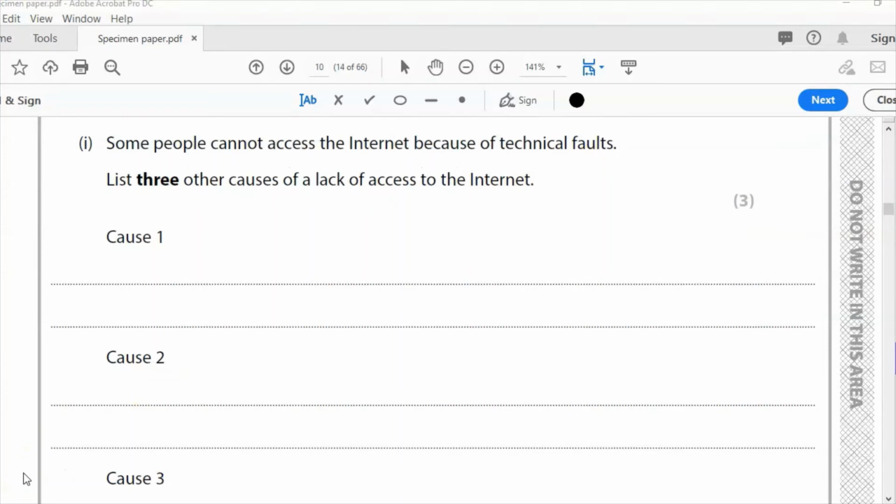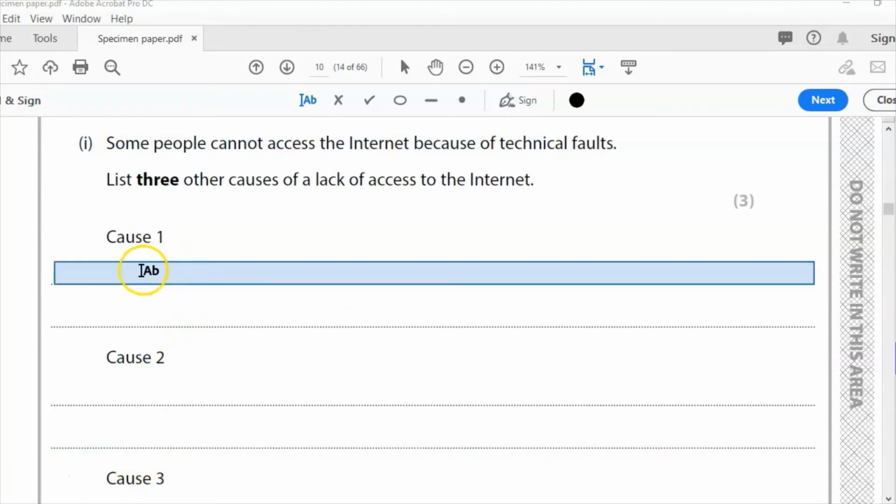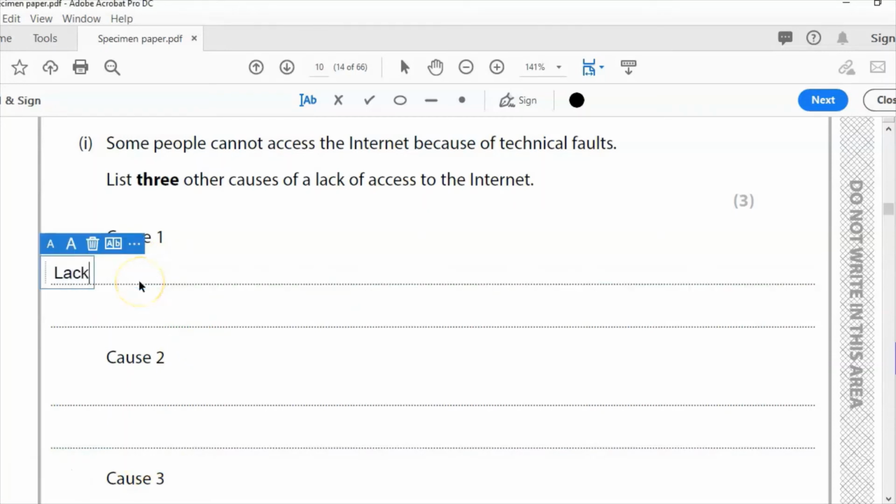Some people cannot access the internet because of technical faults. There's 3 other causes of lack of access to the internet. Okay, so we're thinking about the digital divide now. And we're thinking about things like lack of infrastructure. Maybe they live in a restricted place.